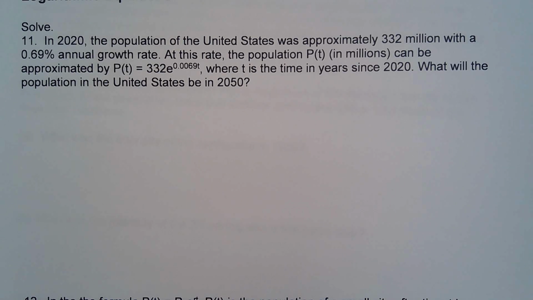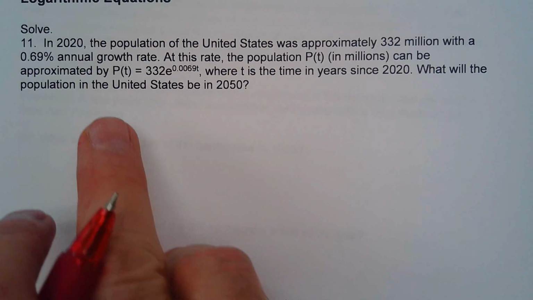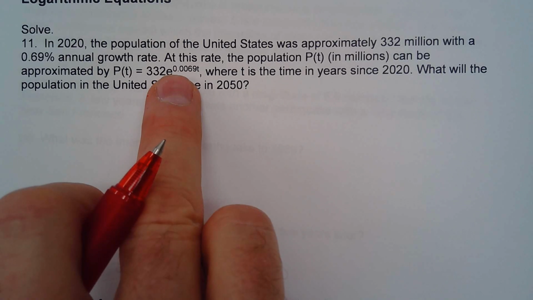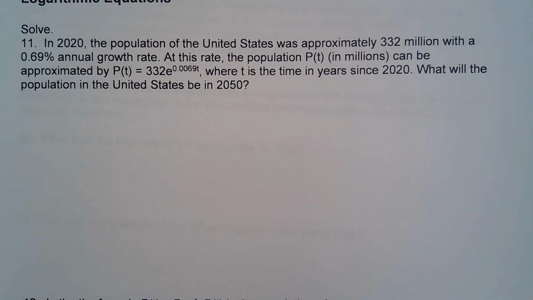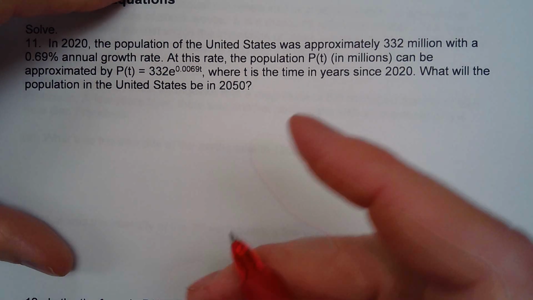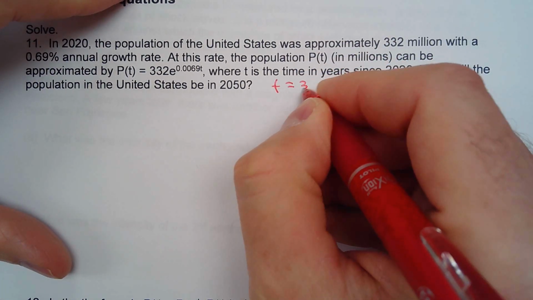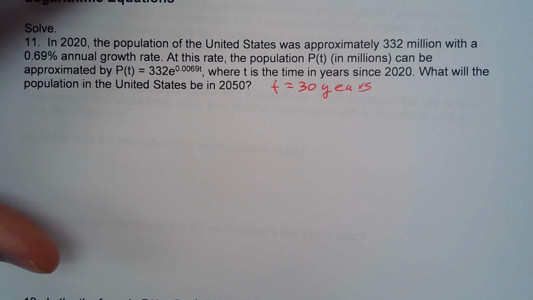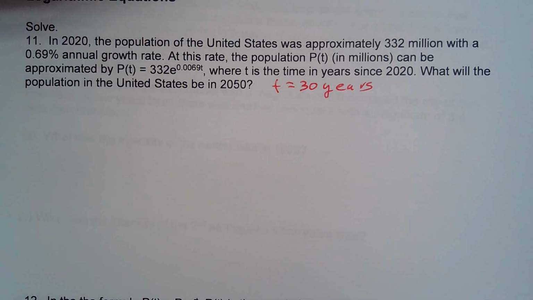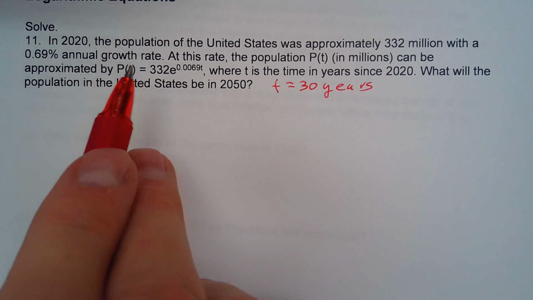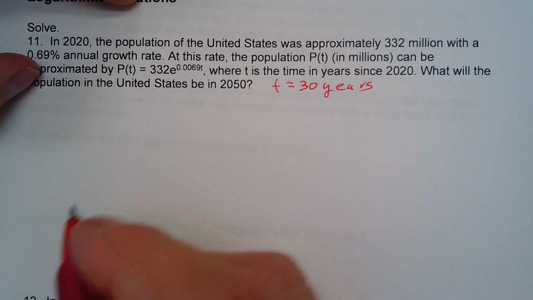At this rate, the population P in millions can be approximated by P of t equals 332 e to the 0.0069t, where t is the time in years since 2020. What will be the population in 2050? That's going to correspond to t equals 30 years, because it's from 2020 to 2050. We're just trying to find the population. So we're not even solving here, we're just evaluating this at 30.